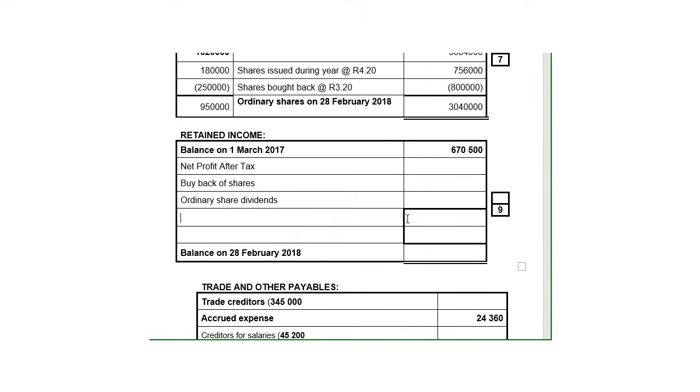So below that, in a block, I'm going to calculate the interim, and I'm going to calculate the final. Right, so now that I know what should be in there, I can go and look for the figures on my trial balance or the list of balances that they're giving me.